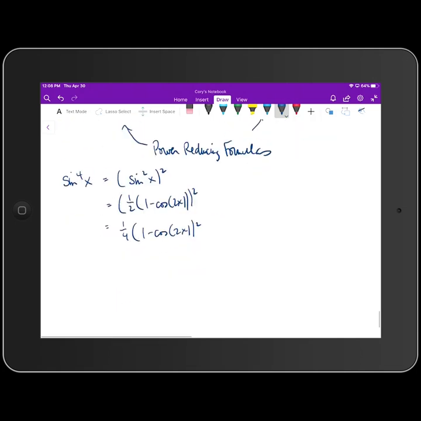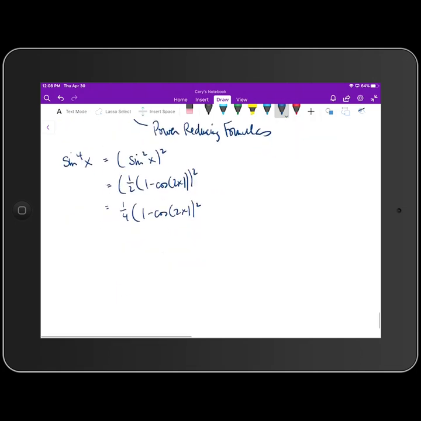We can expand that binomial. If I FOIL 1 minus the cosine of 2x times 1 minus the cosine of 2x, that's going to give me 1 minus 2 times the cosine of 2x, plus the cosine squared of 2x.